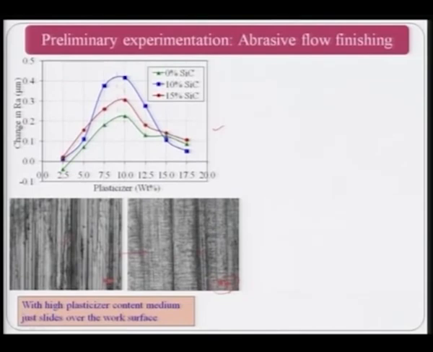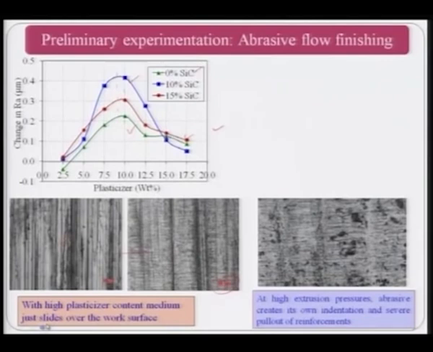Here 0% silicon carbide means pure aluminum alloy, this is the metal matrix composite with 10% silicon carbide, and red color is again metal matrix composite with 15% silicon carbide. So, there is an optimum value of plasticizer; if you use more or less than that, it is not going to give you the best performance.